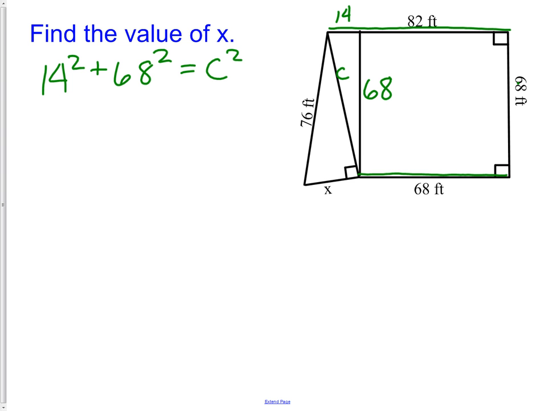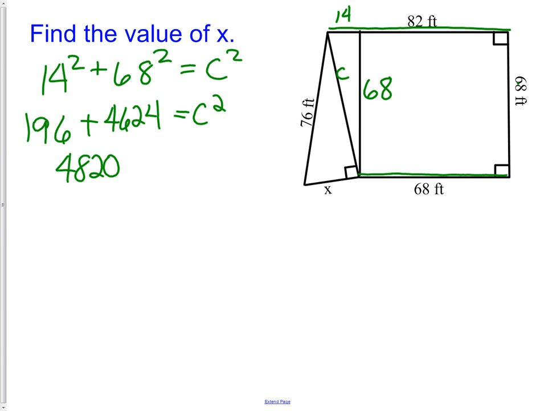That's my hypotenuse. 14 squared is 196. 68 squared is 4624. And we're trying to find c squared. When we add them together, we get 4820 equals c squared. Now, to get our answer, we simply just square root.